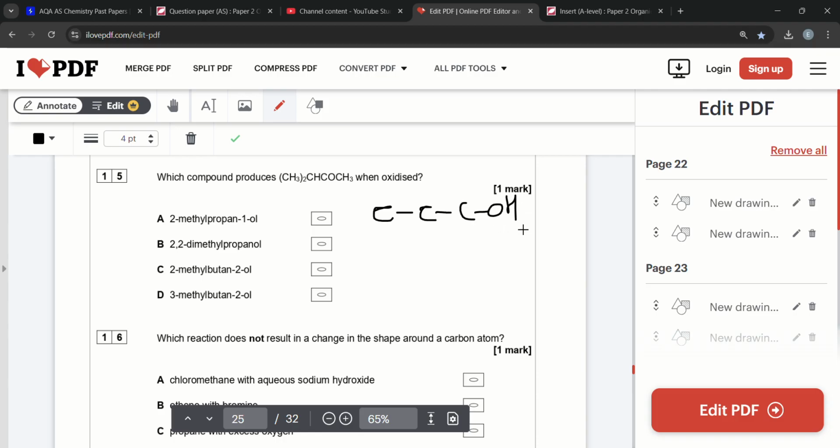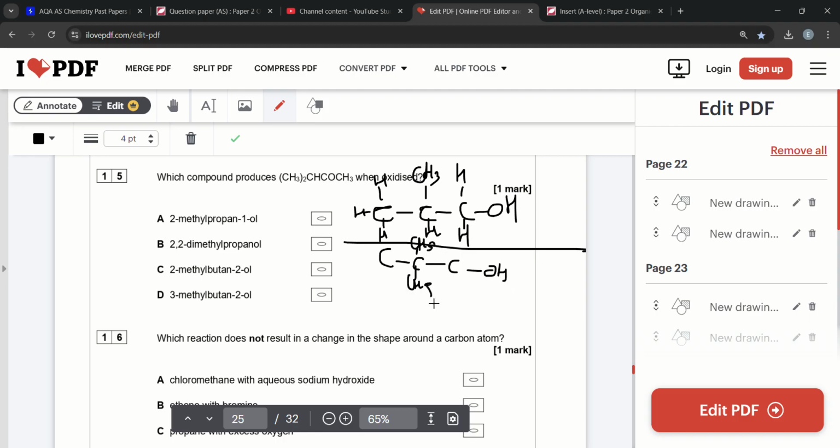Alcohol group on the first carbon, methyl group on the second. Try to do a bit smaller so we can fit all 4 structures, and it's also not too messy. Then we've got 2,2-dimethyl propanol. Methane, ethane, propane. Alcohol group. CH3, CH3, H, H, H, H, H. Then we've got 2-methyl-butanol. Methane, ethane, propane, butane.